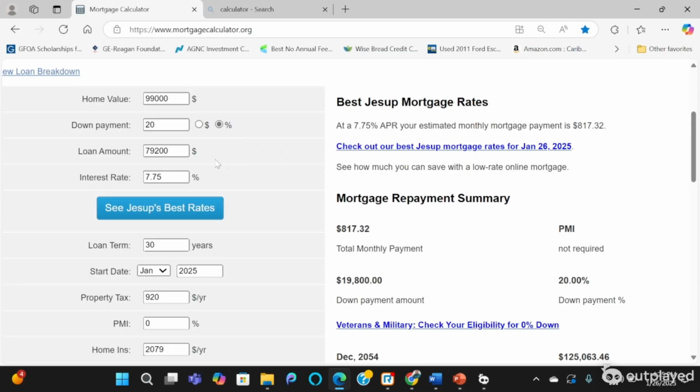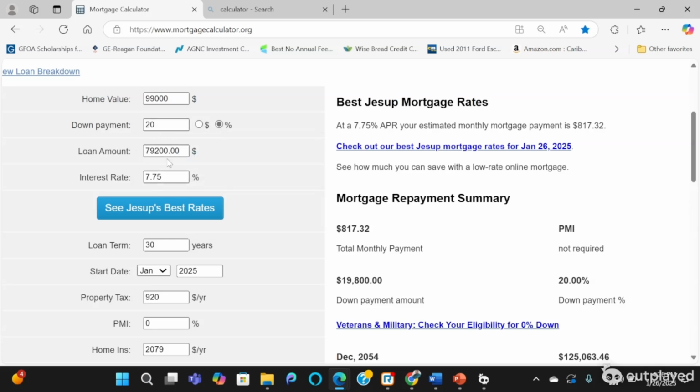If you want to know how we came up with that $818 as far as the monthly mortgage payment, including principal and interest payment and the escrow, which is property tax and insurance, we'll show you right here. If you buy that property for $99,000, you're putting 20% down.